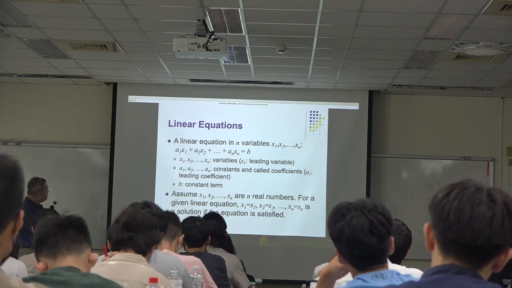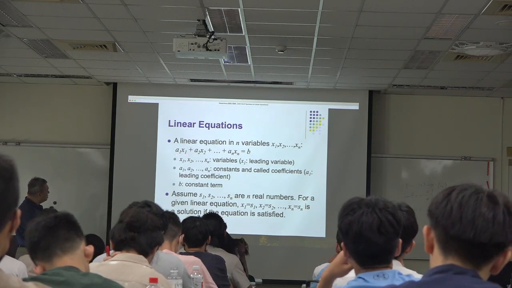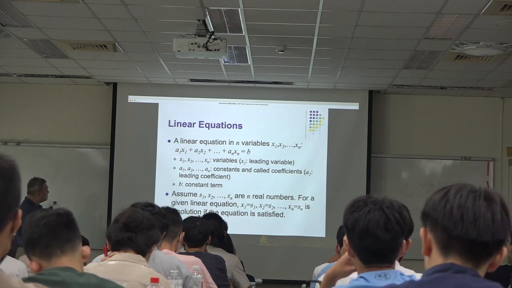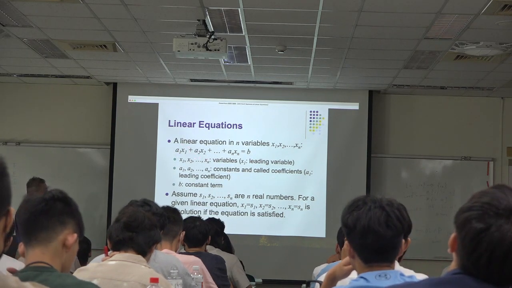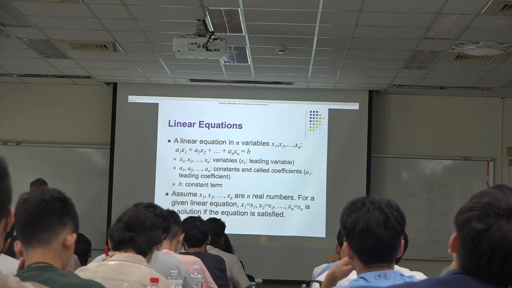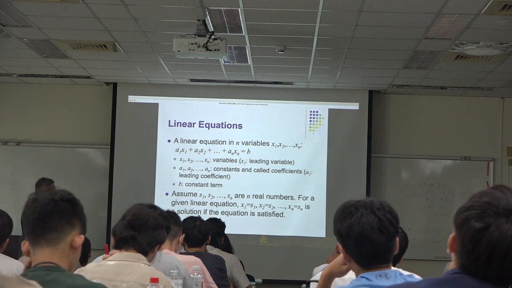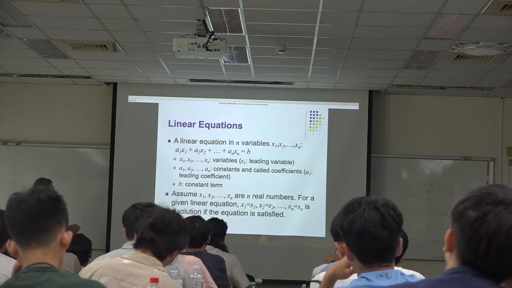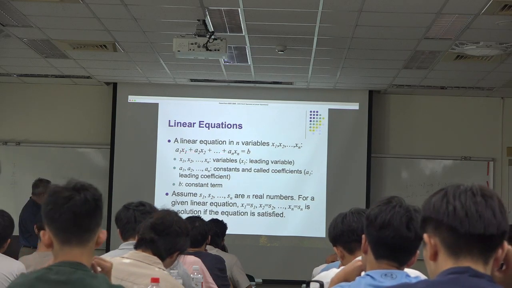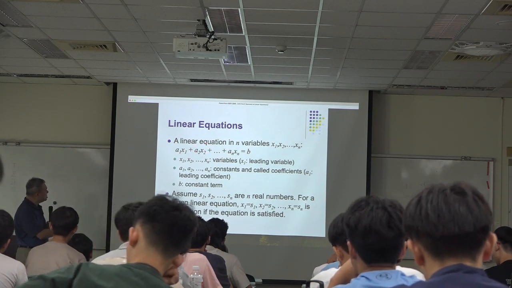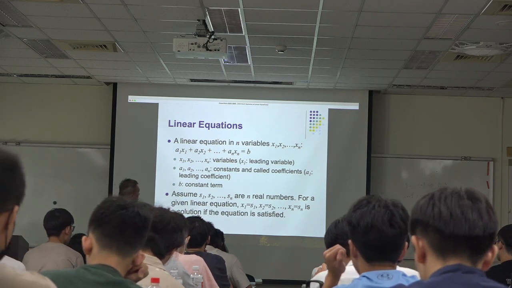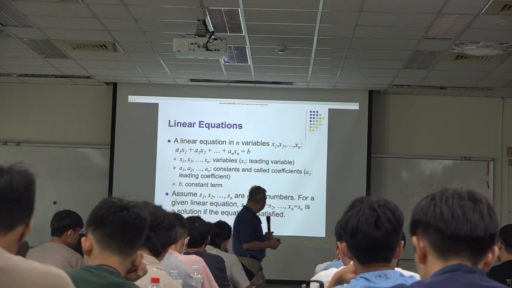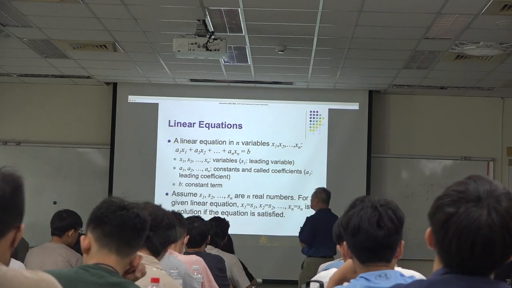If a1 is 0, then this term is gone, and we will say x2 is the leading variable if a2 is non-zero. Basically, whichever term in the front has a non-zero coefficient is called the leading variable. It shouldn't be difficult to understand.